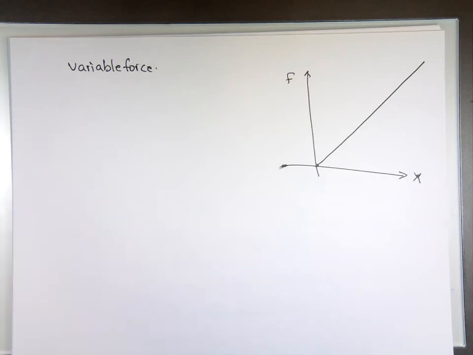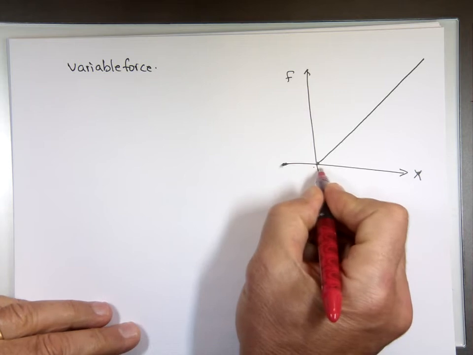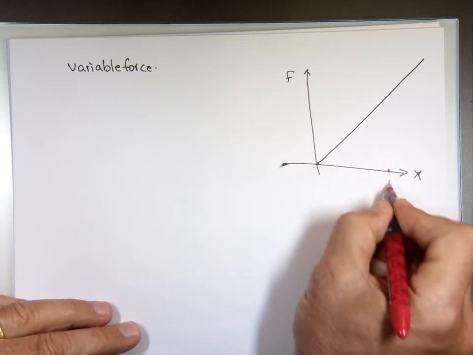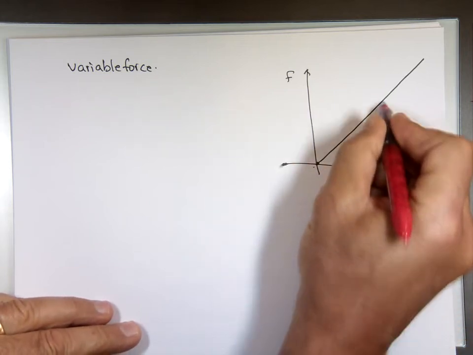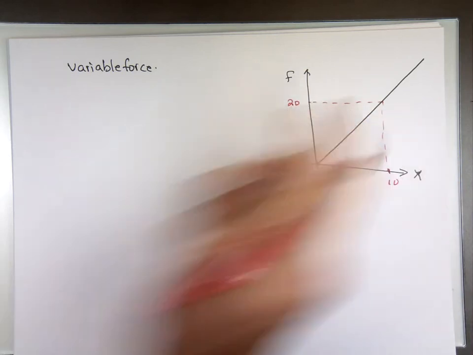If we want to go from here to there, let's put some numbers: 0 here, and this is 10, and let's say this is 20, the force.